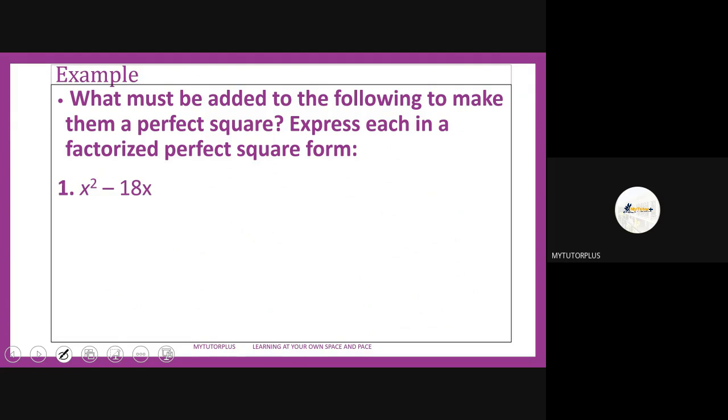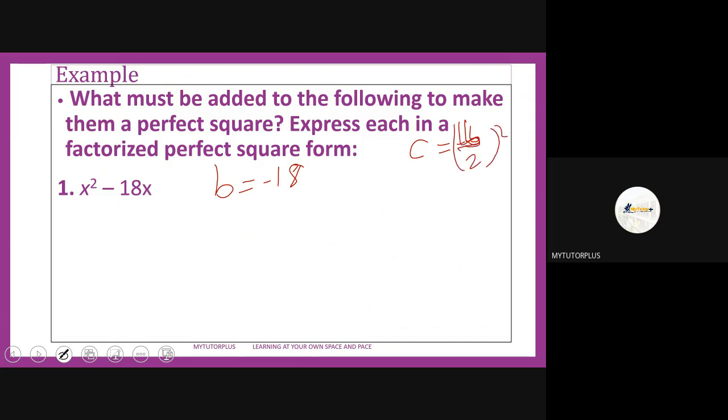Step 1, just like I said earlier: what is the coefficient of x in this place? Our b in this case equals minus 18. Step 2, according to our formula, we need to get c, where c equals b over 2, all in bracket square.